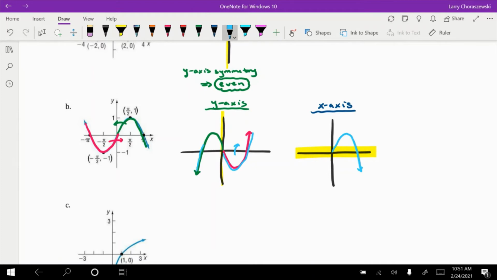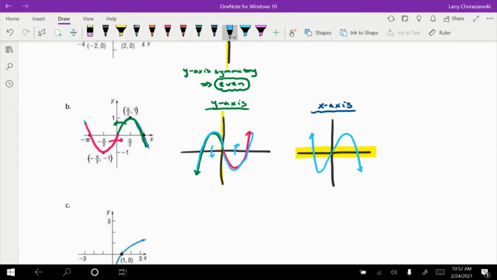And then we'll do the part that's to the left of the y-axis. We'll reflect that across the x-axis to get something like that. Now again, human error here. It's not 100% accurate, but if this x-axis reflected graph were 100% accurate, would it match up with the original graph?